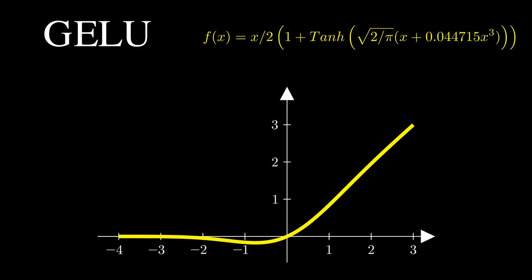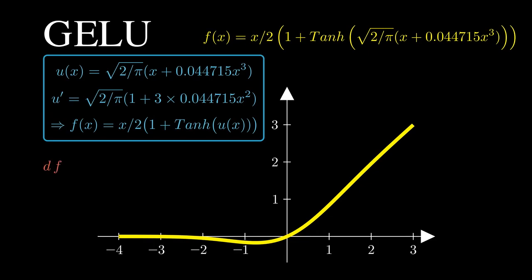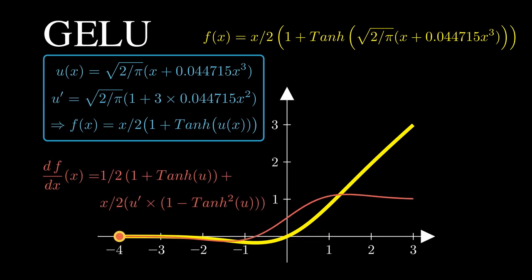Because it has both a decreasing region and an increasing region, it is a non-monotonic function. The derivative of GELU also has both negative and positive values as shown in the red graph. GELU is used in large language models such as BERT or GPT-2.